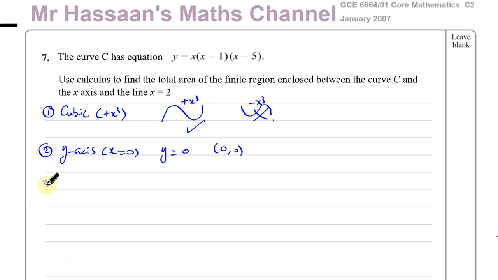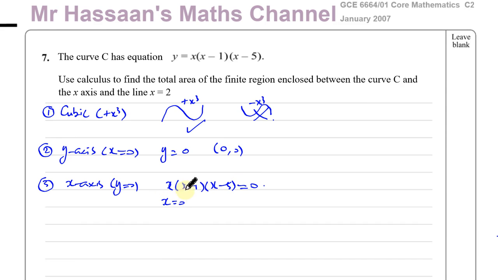Thirdly, we want to find where the graph crosses the x-axis, which is the opposite. On the x-axis, y equals 0, so we replace y with 0. We end up with x times (x minus 1) times (x minus 5) equals 0. We have a product of factors equal to 0, so one of those factors must be 0.